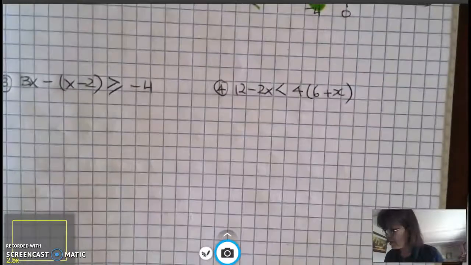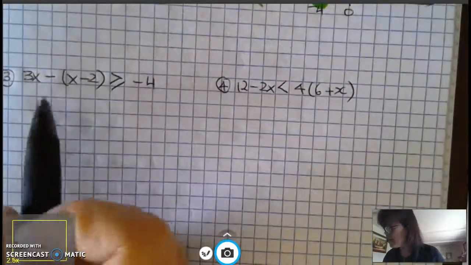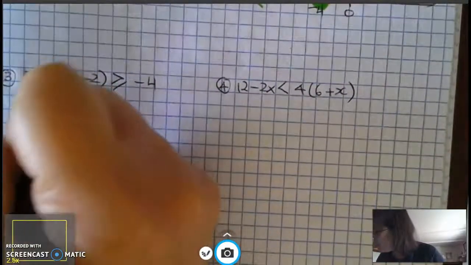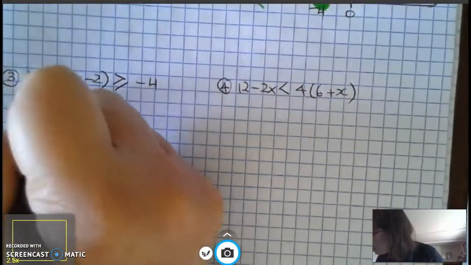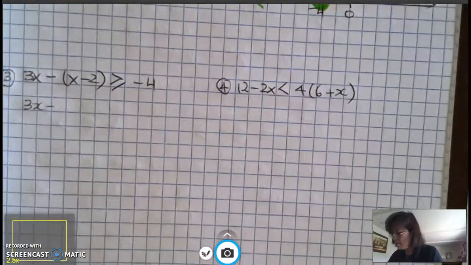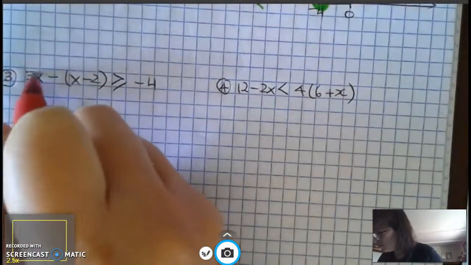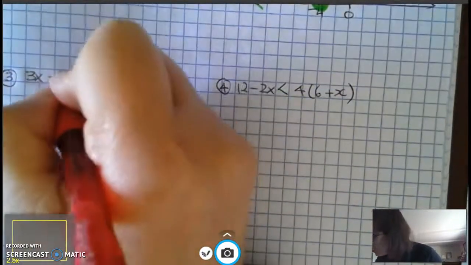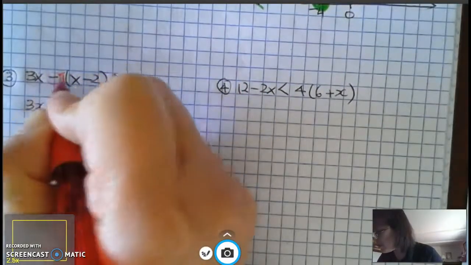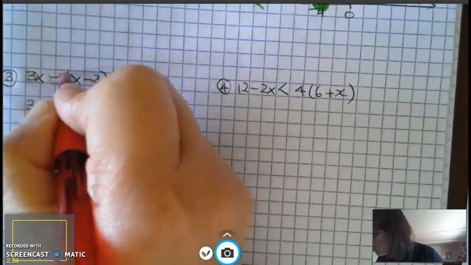Then number 3. Oh, it's getting a little bit more complicated because we have parentheses. So that's going to be 3x minus, okay, I need to distribute. Remember, I don't distribute the 3x. This is sort of like there's an invisible 1 right there. If there's no number, just the operation, that means there's an invisible negative 1.